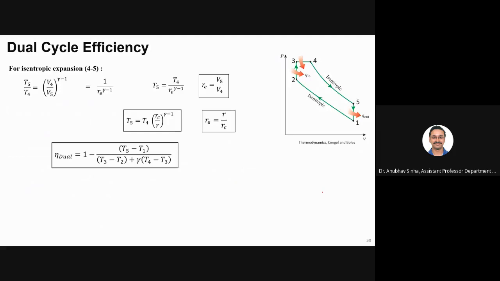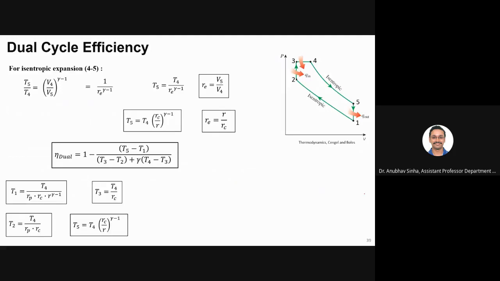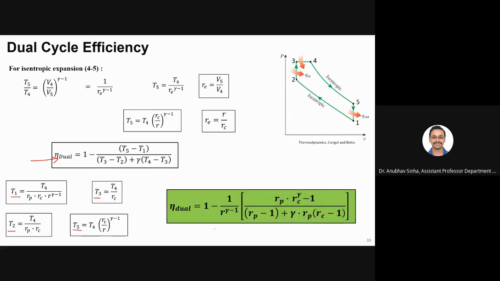Now using all that, this is what we have originally, right? This is what we started with. Now we define all the temperatures using different ratios we have defined, and finally this will be our end result. So finally for dual cycle, this is what efficiency I will get. This is a long derivation.